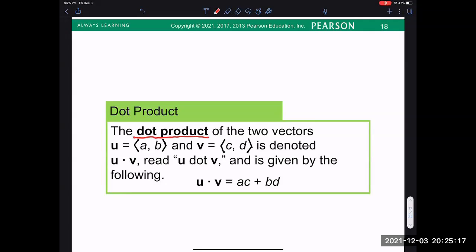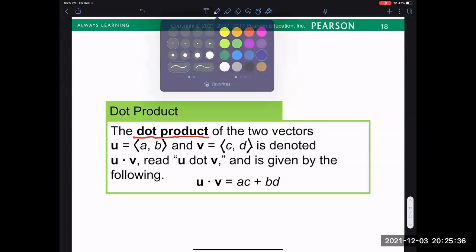So the dot product of two vectors, and we're going to say u and v are those vectors, and u is AB and v is CD, is denoted with sort of like a little square or a fat dot, and sometimes it's written in a few different ways. So let's look at what they have here.